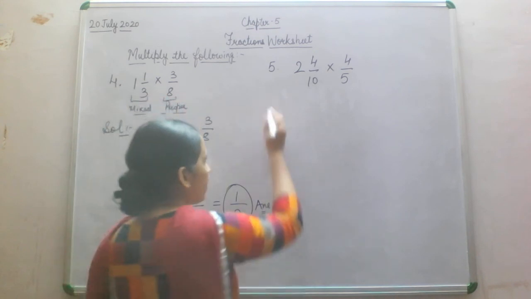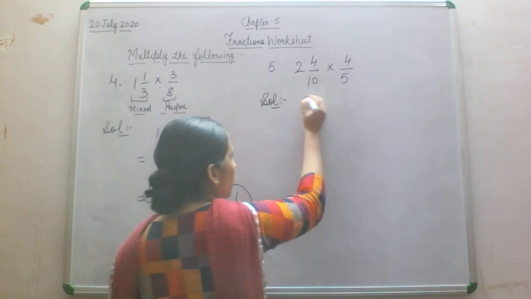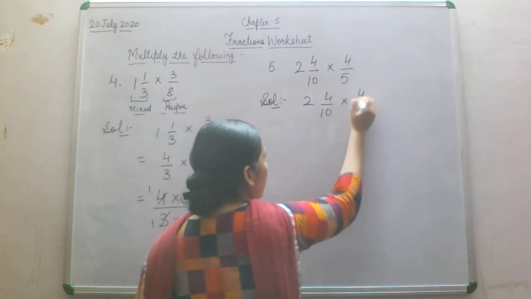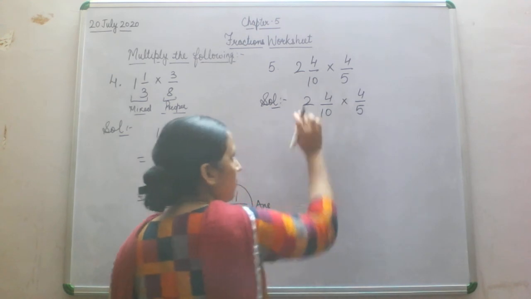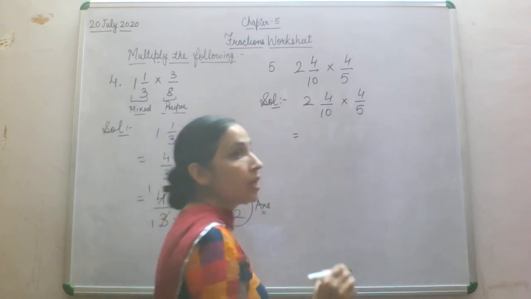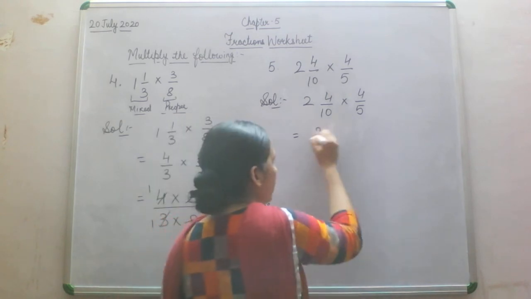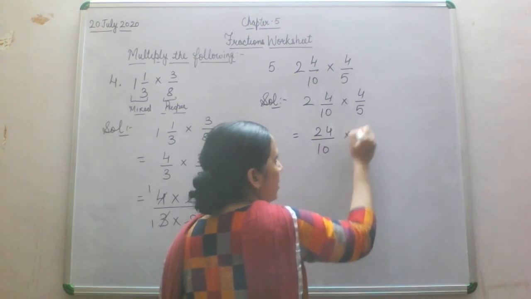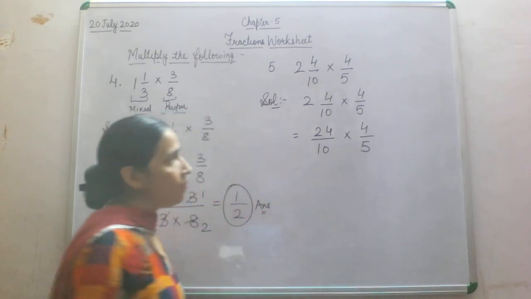So we'll write the solution now. The first step is doing the multiplication: 2 4 by 10 multiplied by 4 by 5. Now the first step, 10 will be multiplied by 2. 10 twos are 20 plus 4, 24 by 10. Now multiplied by 4 by 5. Fine.